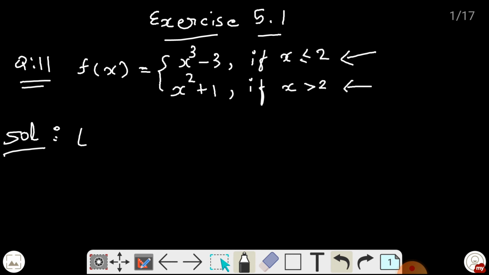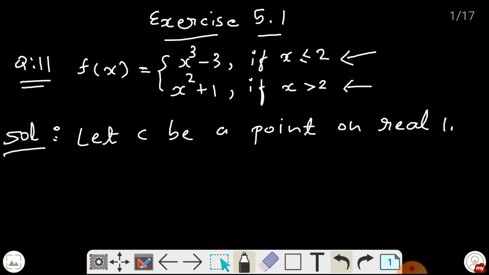So let c be a point on the real line. Now, we have 3 cases for c. The first one is c less than 2, the second one is c greater than 2, and the third one is c equal to 2. One by one, we will check for the continuity in these 3 cases.